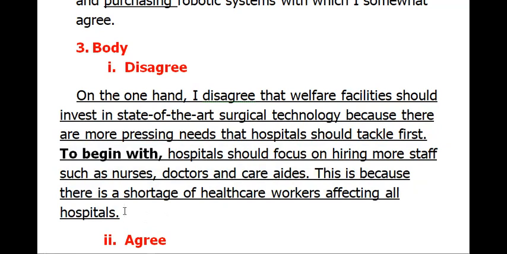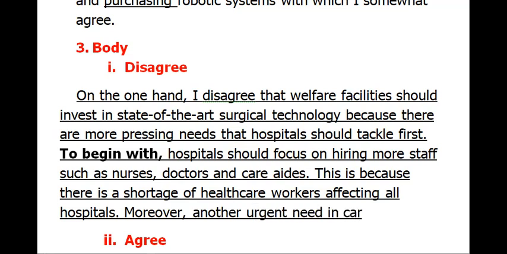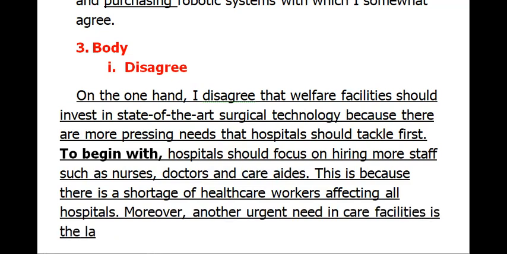And now because we're adding something, you could say, moreover. This is our SS2, or supporting sentence 2. Another urgent need in care facilities, the lack of beds.